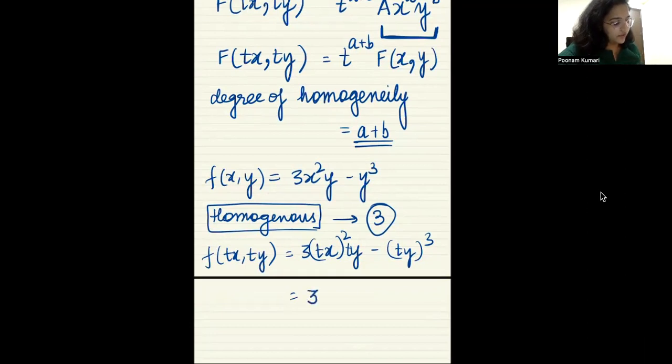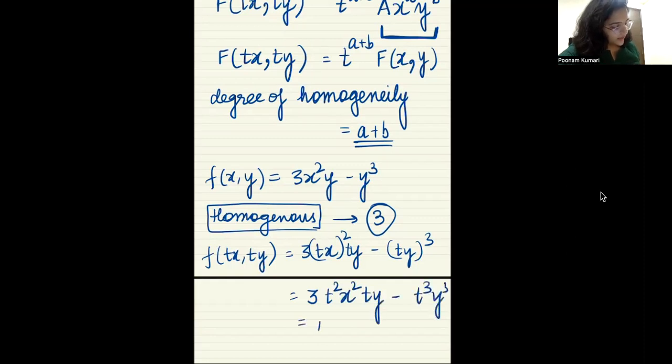In place of x and y, we wanted to calculate the function value at tx and ty, so we simply replaced x with tx and y with ty, and then we saw what the function value is. So what did we do? 3 t squared x squared ty minus t cube y cube.